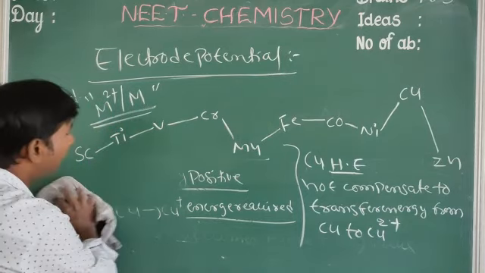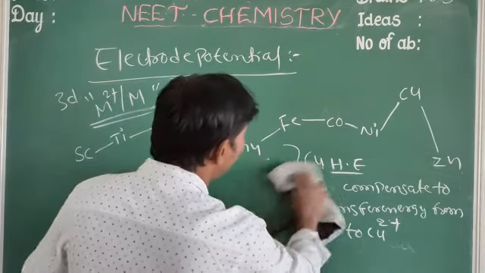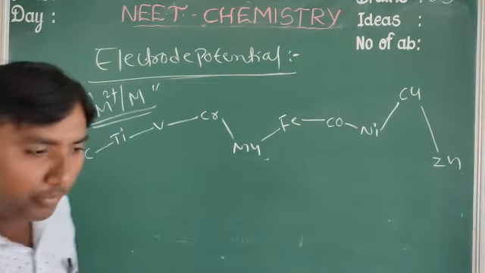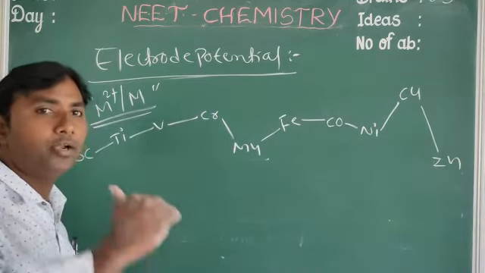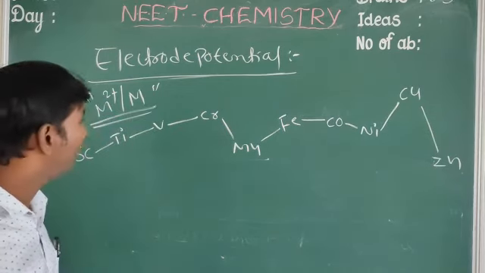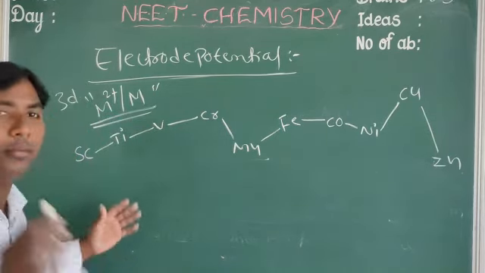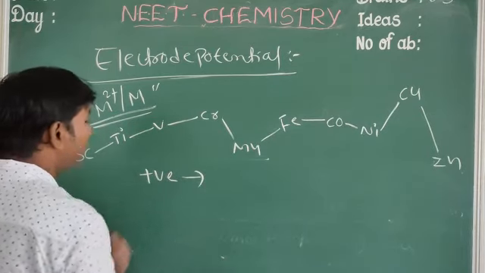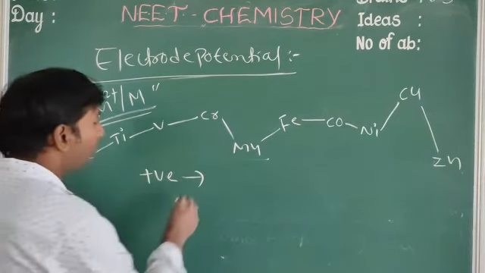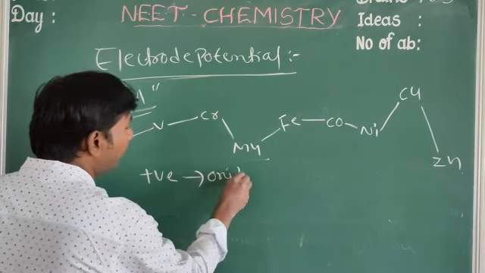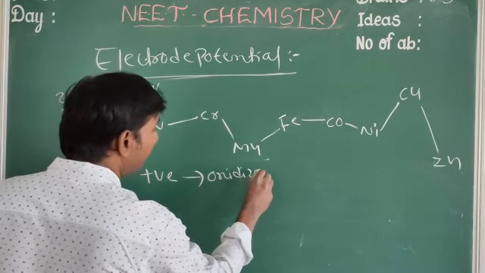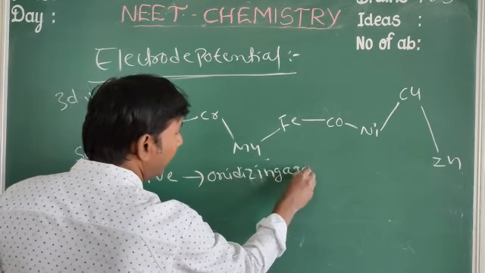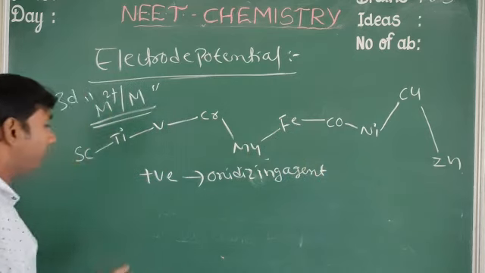Copper hydration energy does not compensate for the energy needed to convert copper to copper 2+. As you already know from electrochemistry, a positive electrode potential means it favors acting as an oxidizing agent, or oxidizing power.